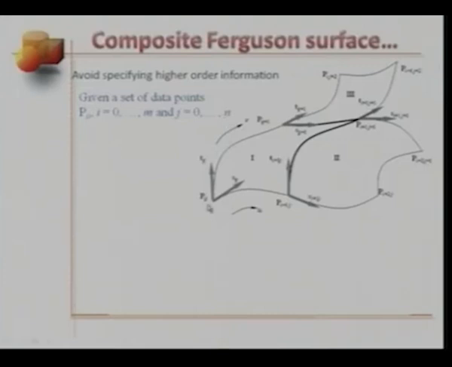So in a sense, all we know are these points. Let's see where this takes us. So these are the points that we know, and let's assume that we do not know anything else. The problem is that we require to fit a composite Ferguson surface over these points.